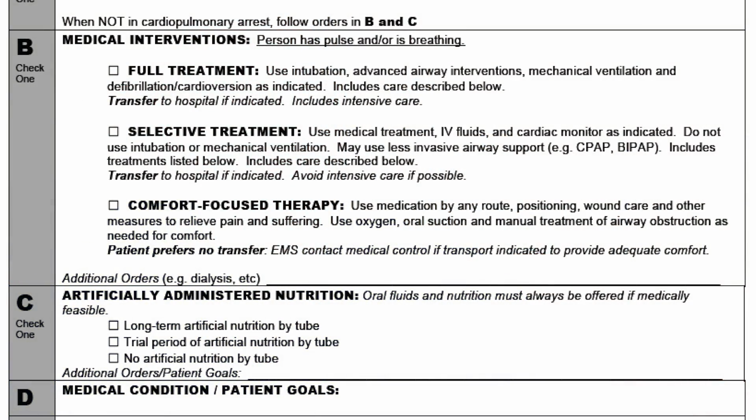And so I tell the patient, what if you were to have a stroke, let's say, and suddenly there was a significant change in your status, would you want us to, number one, pursue full treatment? That could include intubation, putting in an airway, transporting to the hospital, using machines to help with breathing, placement in the ICU. So really aggressive treatment. So that is one part of the treatment option there.